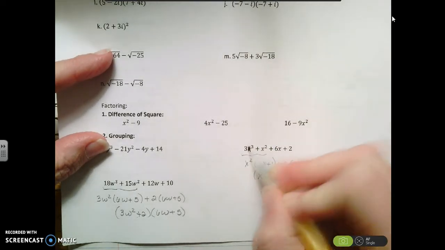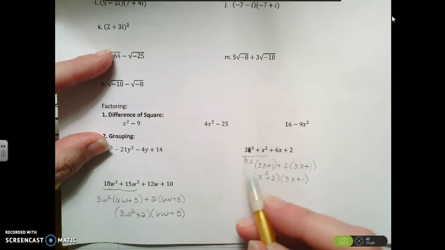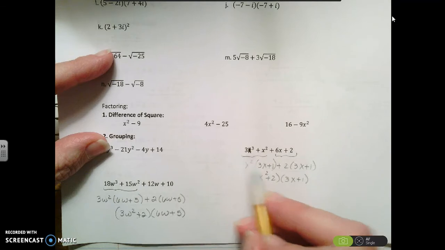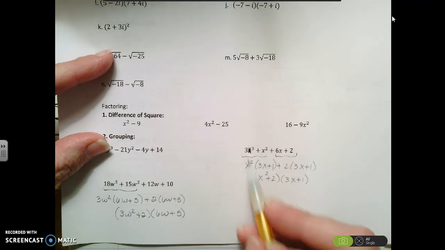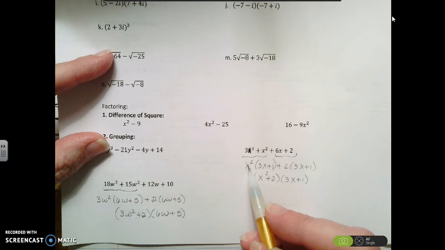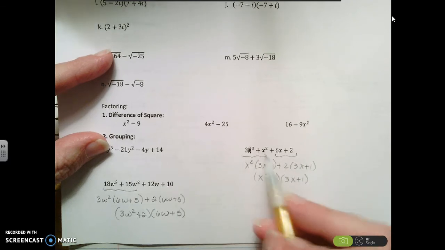So I have 3x cubed plus x squared plus 6x plus 2. If I factor the first two and the last two, these two have x squared in common, so I take that out, and I would be left with 3x plus 1. You got to remember to leave that 1 behind, because I should be able to distribute this back in and get what I started with.